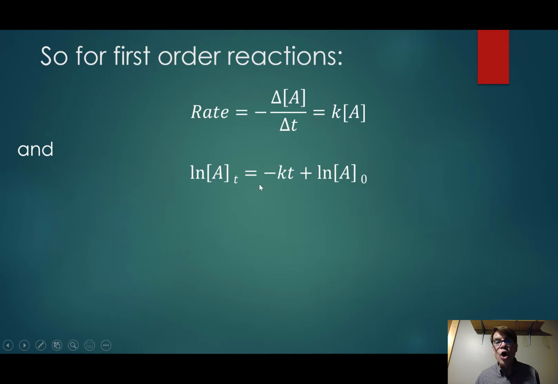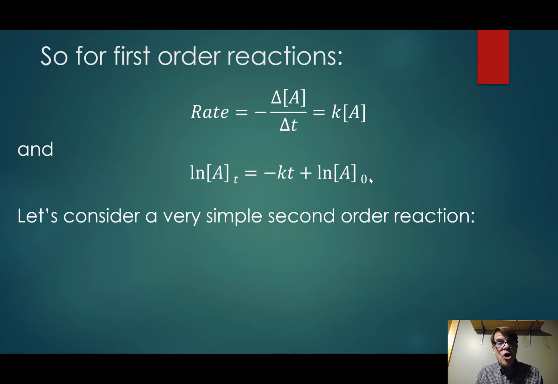Ln means natural log. And I said in the previous video that if you don't remember what natural log is, it doesn't matter, your calculator knows. Plug it in. So there are 4 variables here: the concentration at time t, the initial concentration, the amount of time elapsed, and the constant. If you know any 3 of them, you can solve for the other one. That's the previous video, so that's all review.